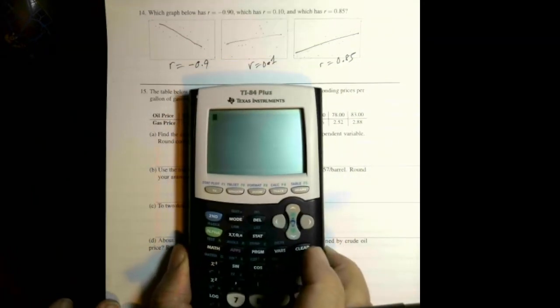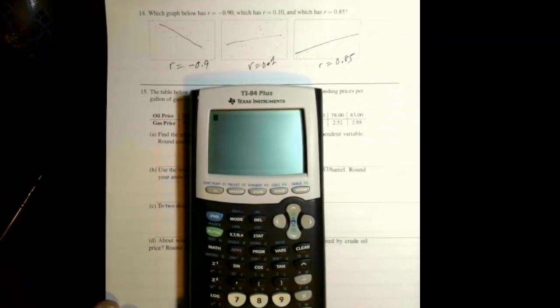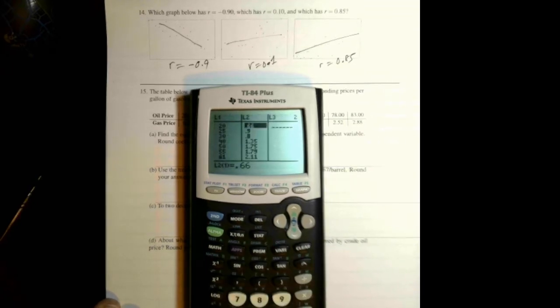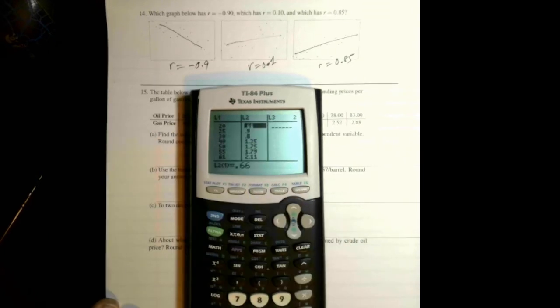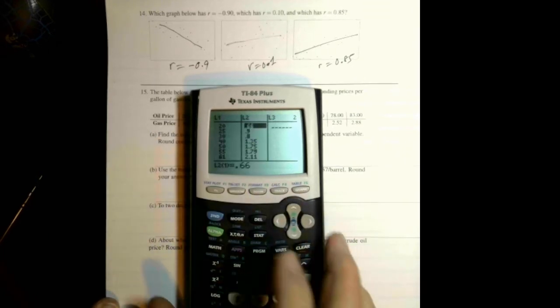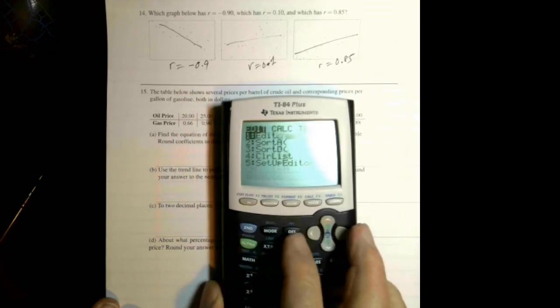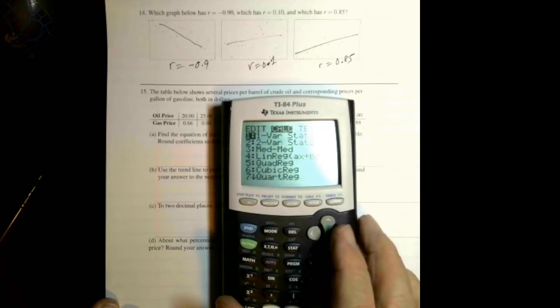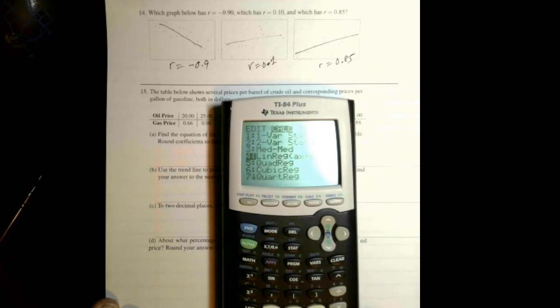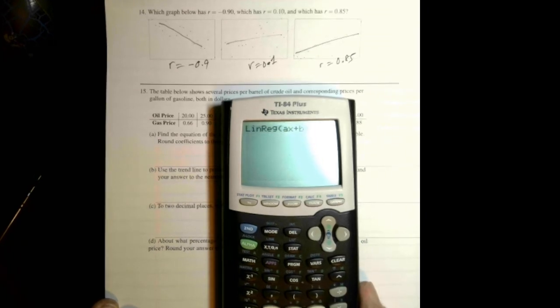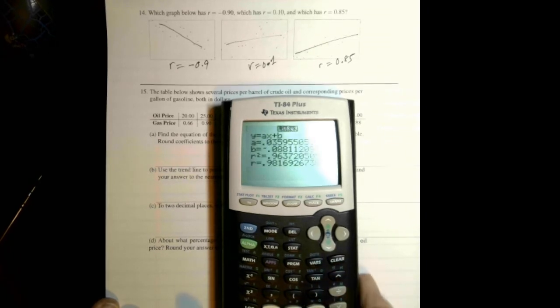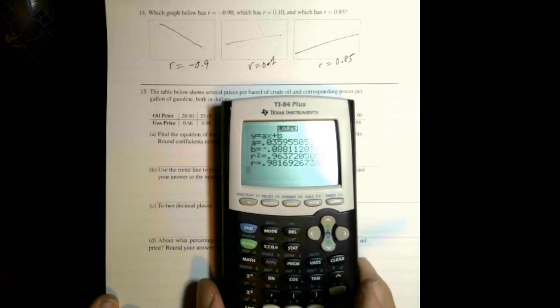All right, so what do you do? This is strictly a calculator exercise. You go to Stat, Edit, and you put the oil price data in list L1, and the gas price data in list L2, just as you've been told to do. And then you go to Stat, over to Calc, and choose number 4. There you go. And it gives you A and B and so on.